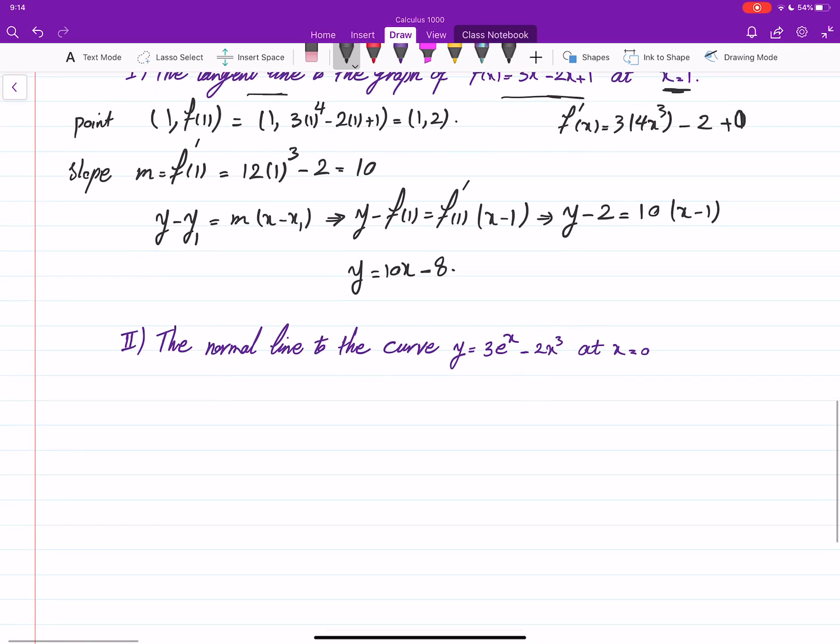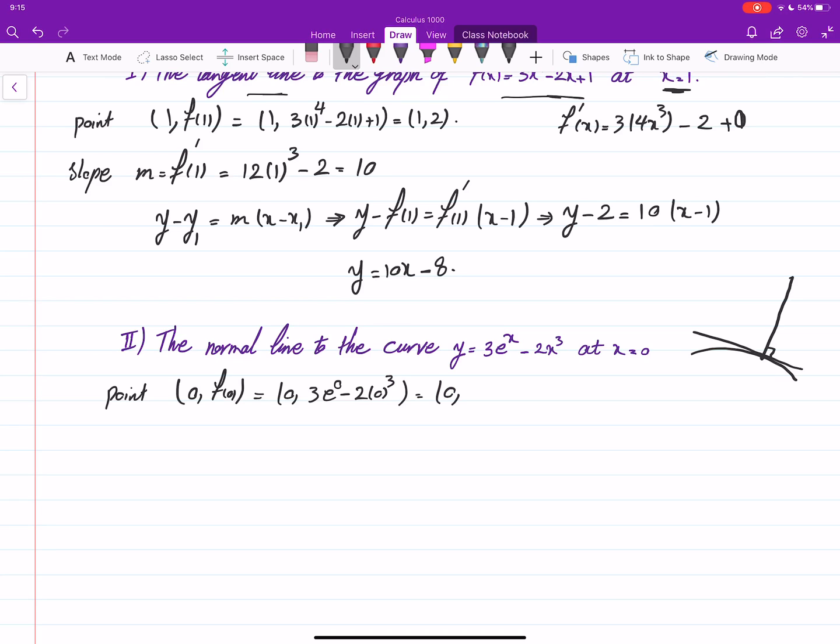How about the normal line? Well, the normal line is a line passing through that point, but it is perpendicular to the tangent line at that point. So the point again we need is the same, (0, f at 0), or y at 0. Here it is 0, 3e to the power 0 minus 2 times 0 cubed, which gives us (0, 3 times 1 minus 0, which is 3).